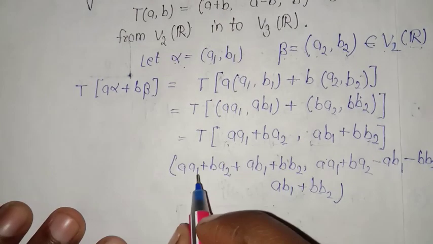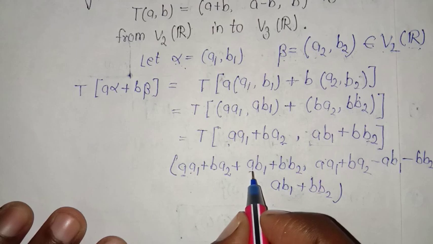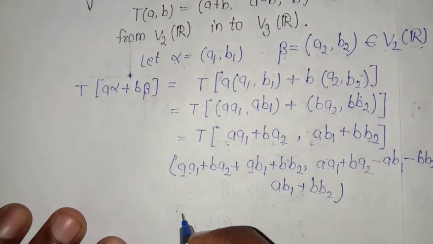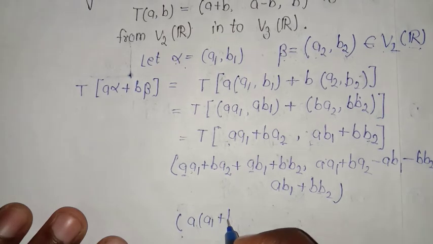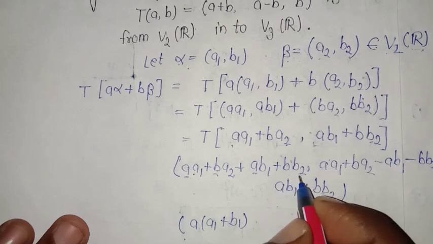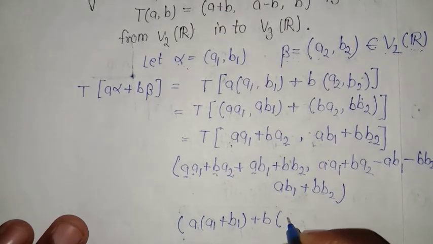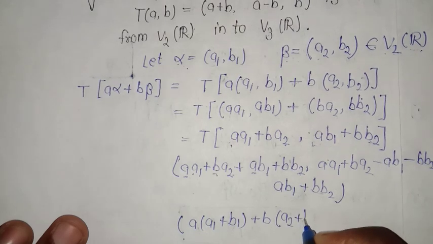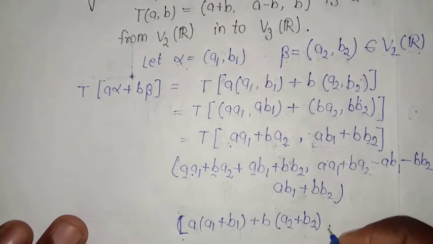Now if we see our first component here, A is common between these two terms, so we can write it as a(a1 plus b1). Here B is common between these two elements, so this can be written as b(a2 plus b2), comma the second term.